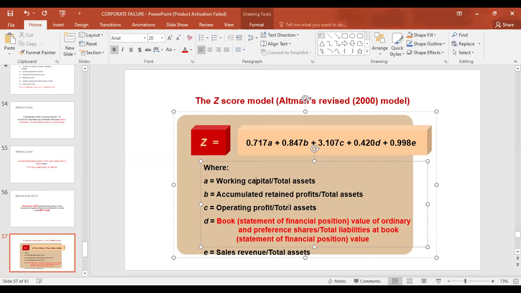Then accumulated retained profit, which is usually the same as retained earnings or income surplus, divided by total assets. That one too was computed. Operating profit, I said in some instances, you may see it as profit before interest and tax. That would be your operating profit.